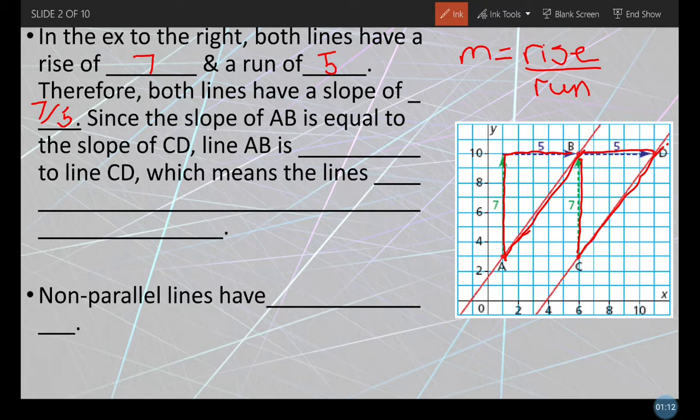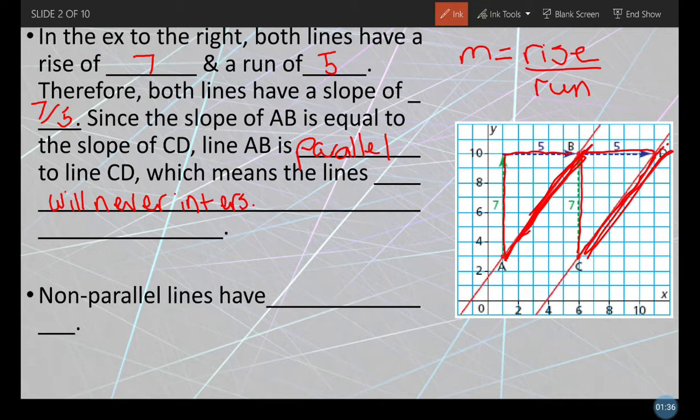So if they both have the same slope, we say that line AB is parallel to line CD, which means those two lines will never intersect with each other.